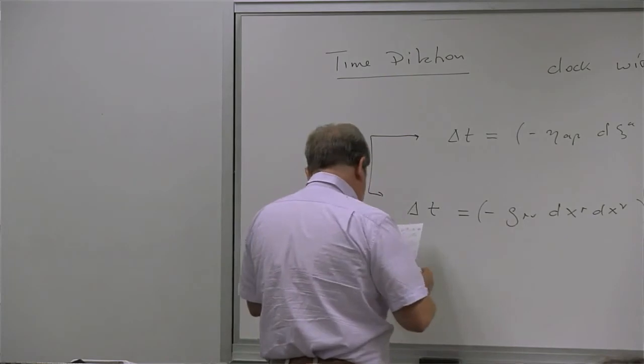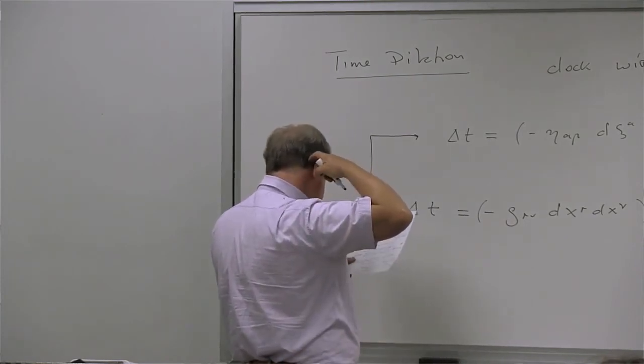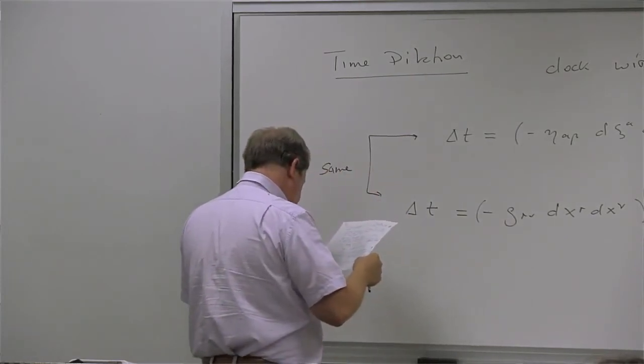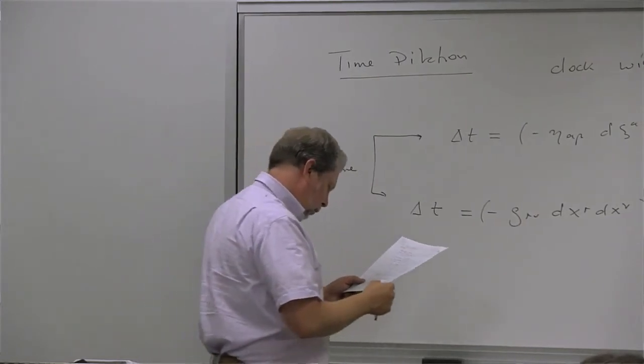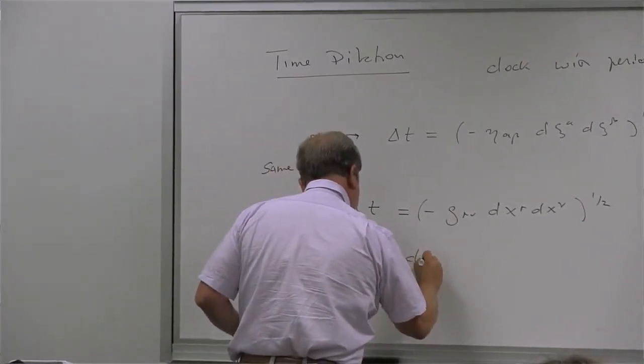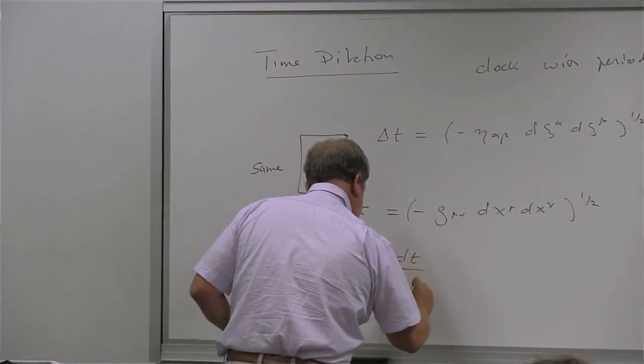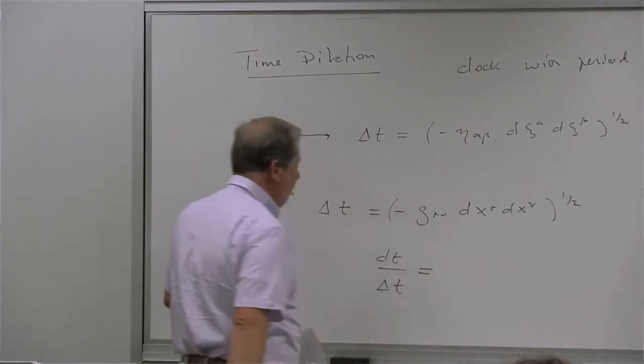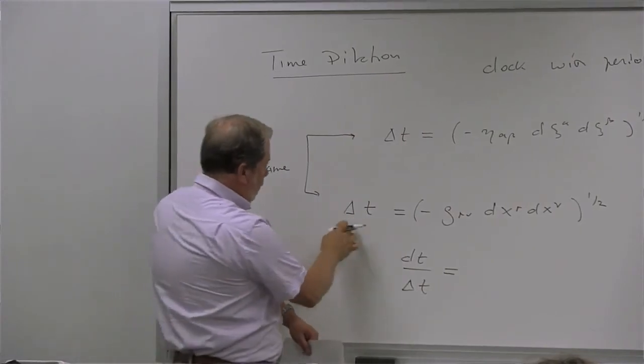then what we can do is we can take the ratio, we can calculate dt by delta t, right? So we take the inverse of this thing, right?